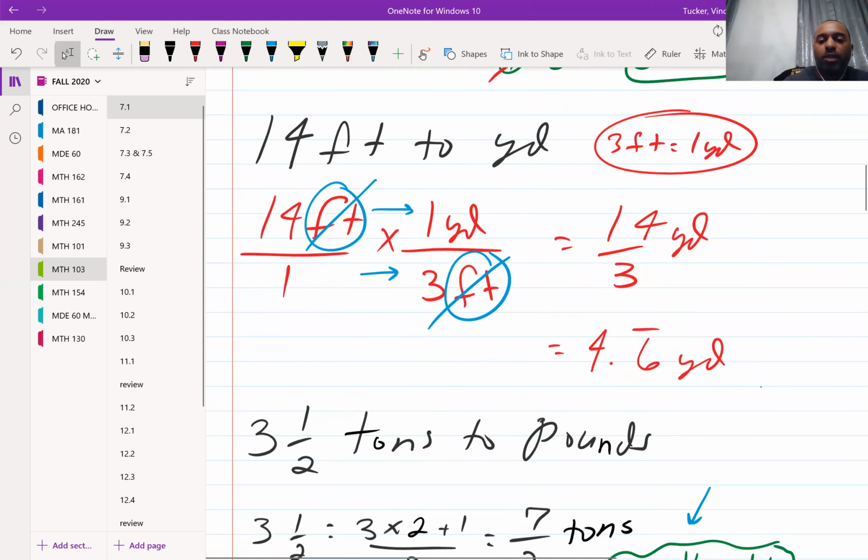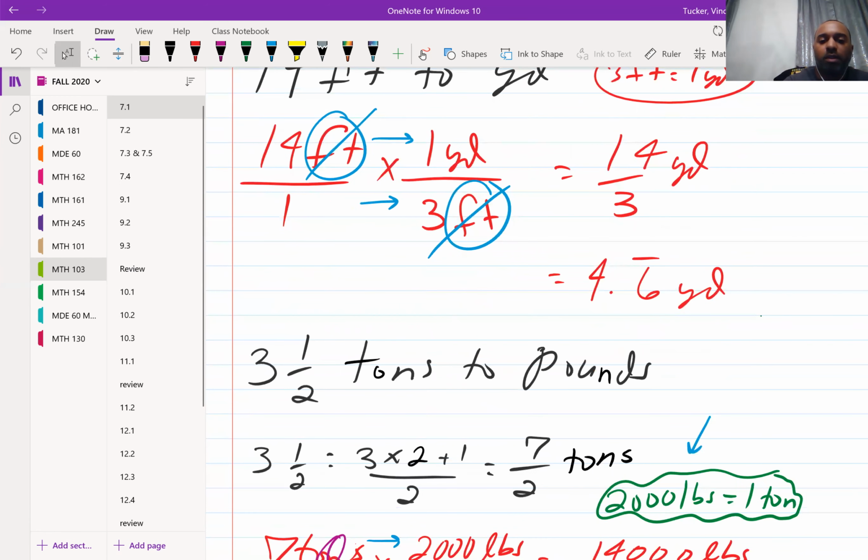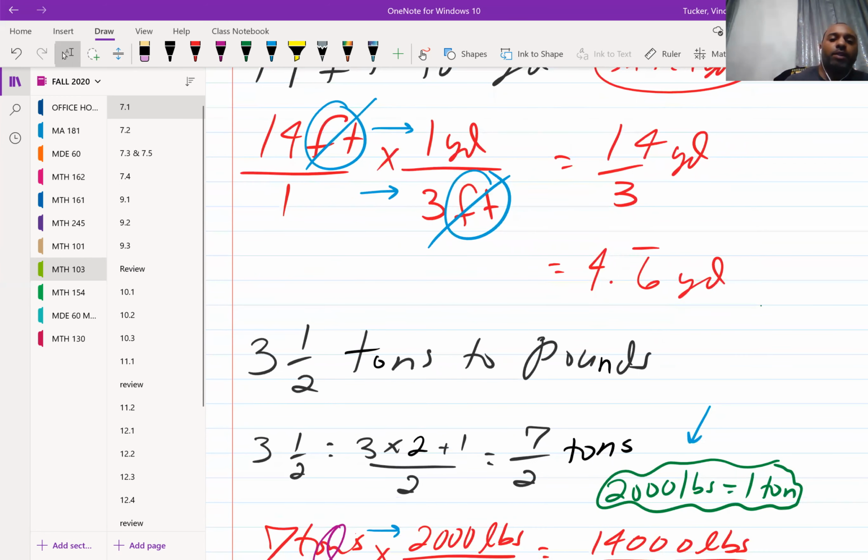All right, next one, tons to pounds. So they gave us 3.5 tons to pounds. I went ahead and converted that mixed number to an improper fraction. 3 times 2 plus 1. And there are 2,000 pounds in 1 ton. So that's what I did.